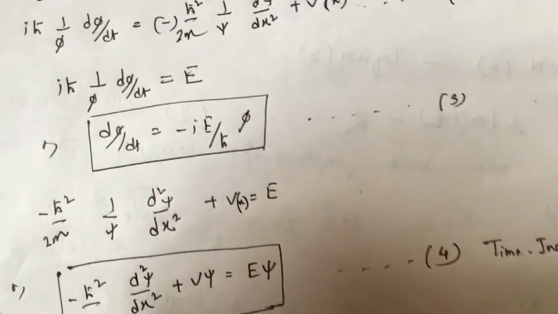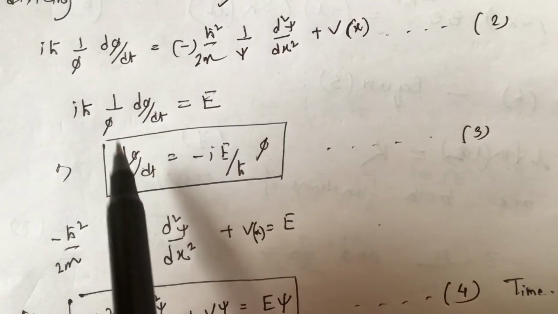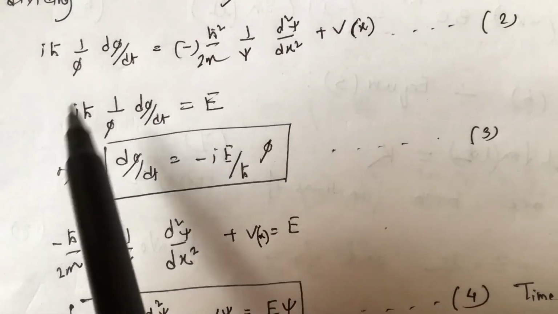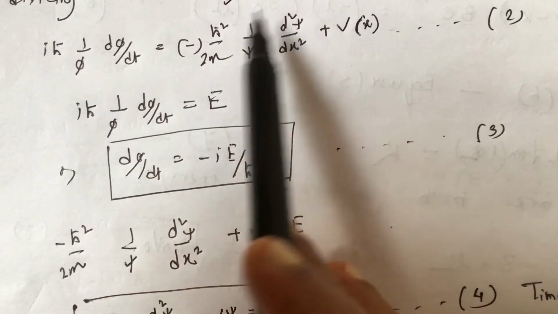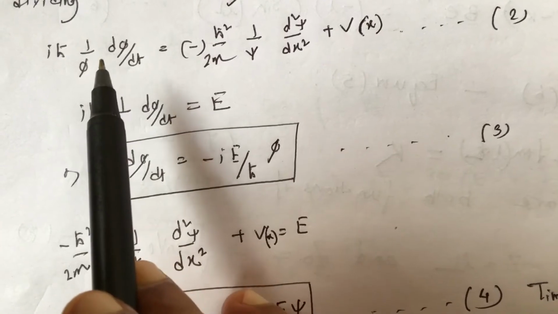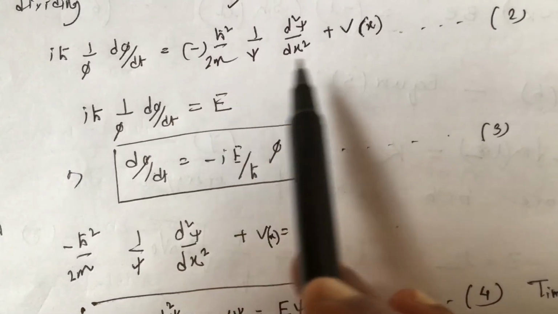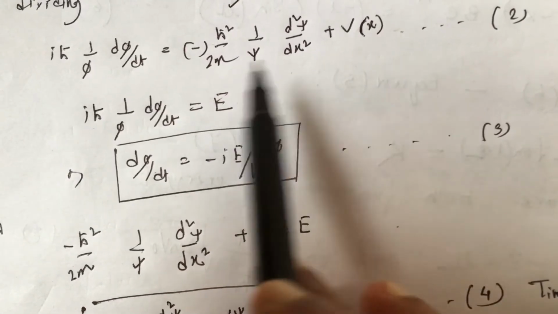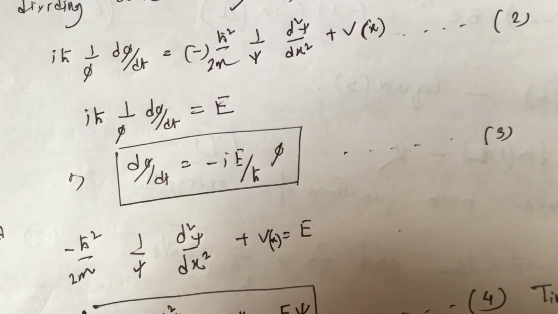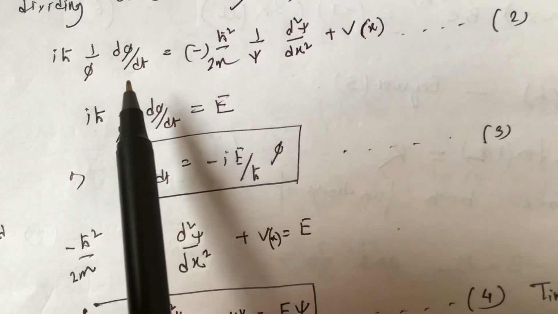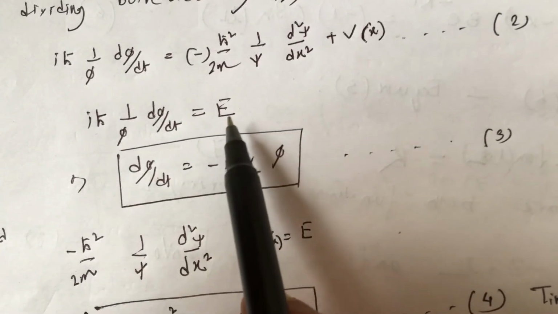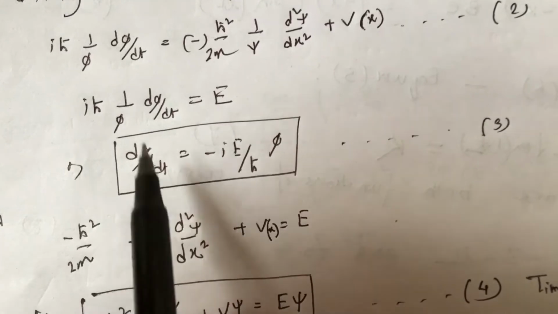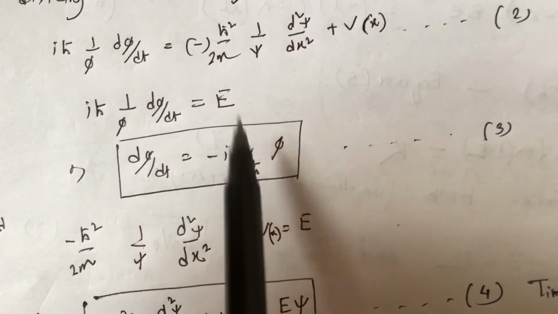So this is a separation of variables, and the motivation of separation of variables is when I am getting terms like this, where this term is dependent on only one variable, and this entire right hand side is dependent on only one variable. So I can equate these two terms to another constant E. So left hand side is equal to E.